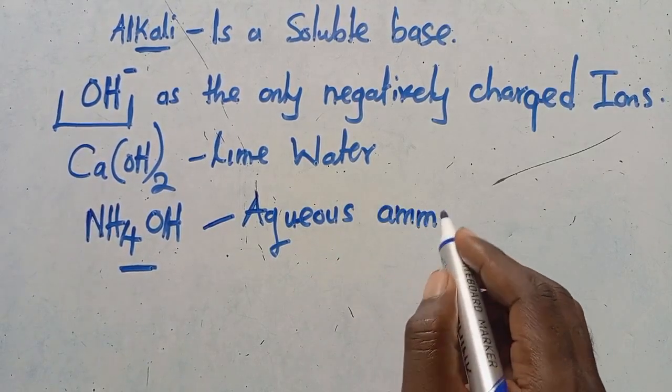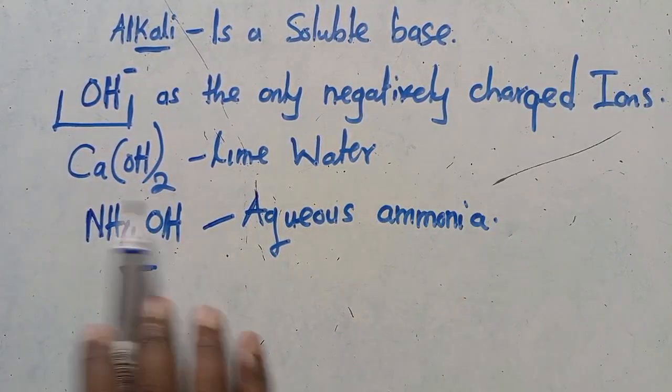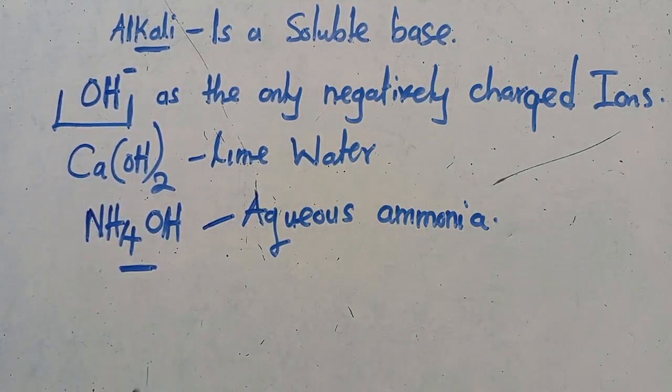So aqueous ammonia is called ammonium hydroxide. So these are just examples. I guess you are able to hear me, and you are able to get what I am explaining in this particular lesson.